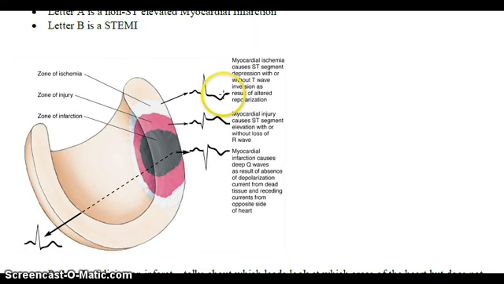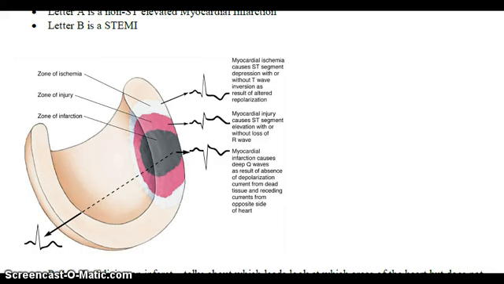Ischemia is showing you that T wave is starting to invert. Here now injury, so now we're getting an actual injury. The heart muscle is starting to die, so it's ST elevated. And then an infarct where there is actual tissue death, that's when a Q wave or a pathological Q wave, you might hear it called, can occur.